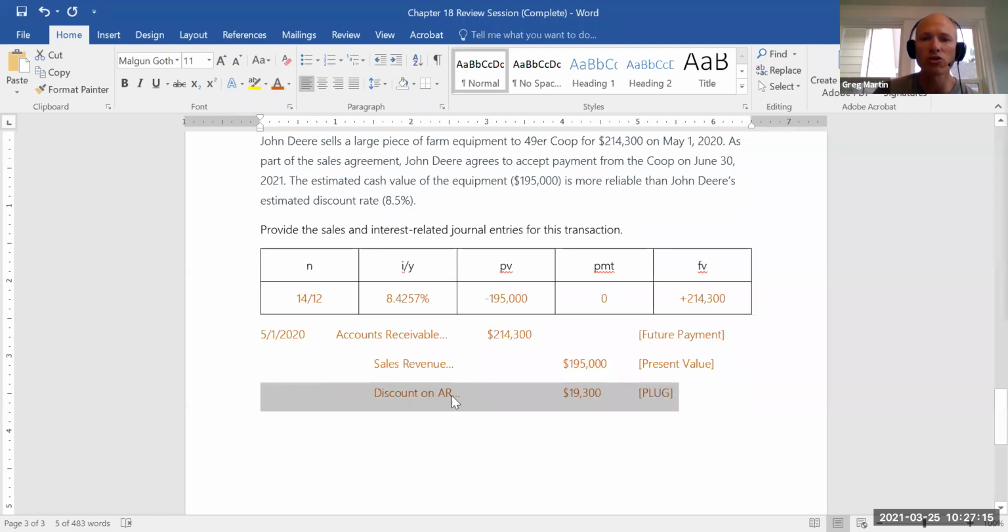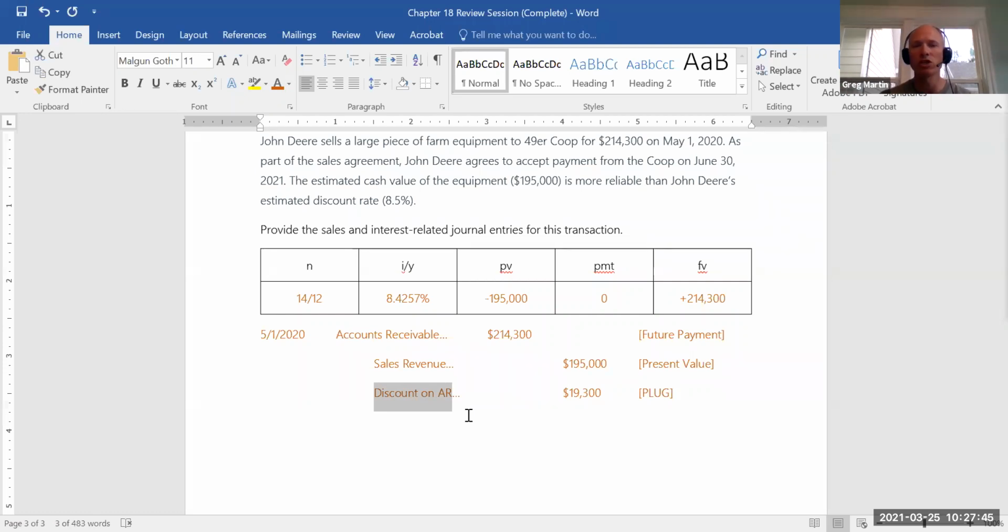Now, of course, the interest revenue does not get recognized right away because the only way to earn interest is for time to pass. No time has passed, so I can't record any interest revenue. Instead, I have this discount on accounts receivable. If you remember in the chapter where we did bonds, or notes, we said that interest expense was a function of the interest payment plus the discount. The same is true for interest revenue.